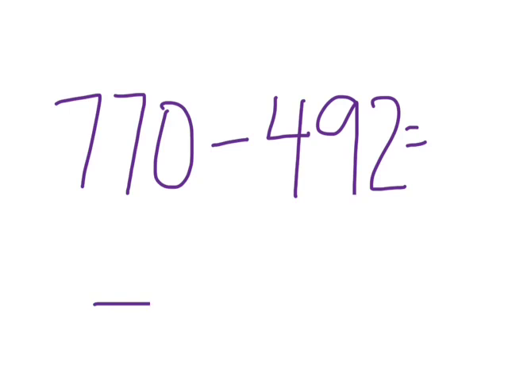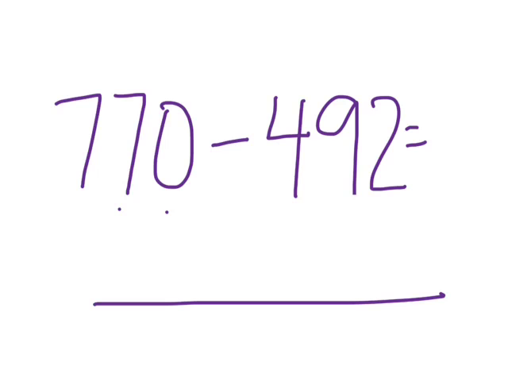Okay, a subtraction one again. We're going to try 770 minus 492. Okay, I have 0 minus 2. I cannot do that. This 7 becomes a 6, and this 0 becomes a 10.